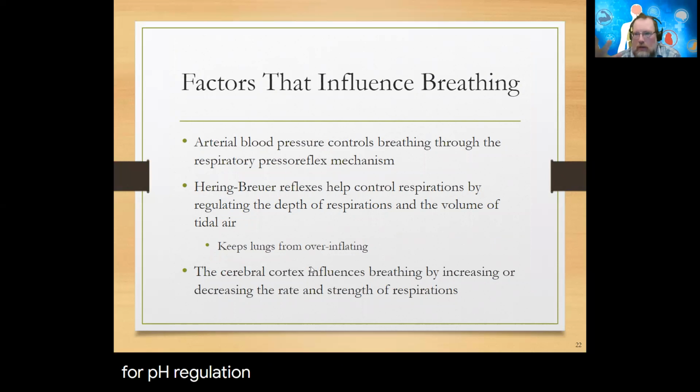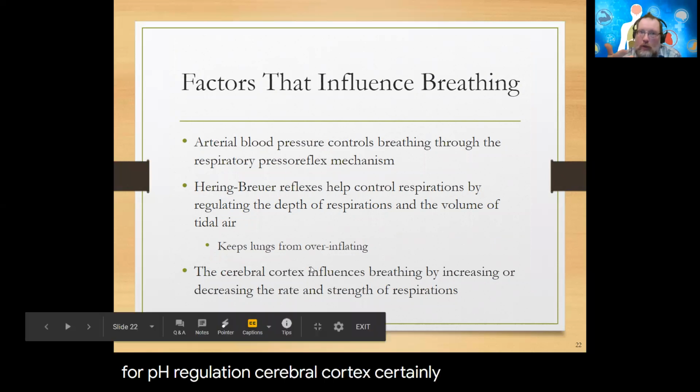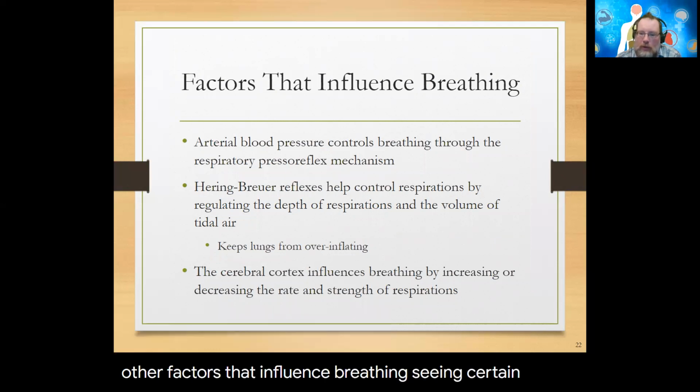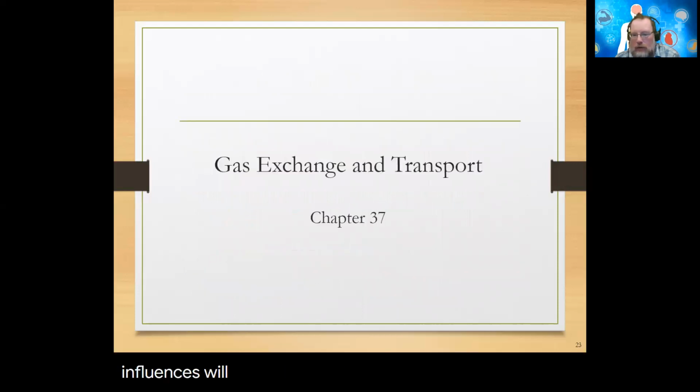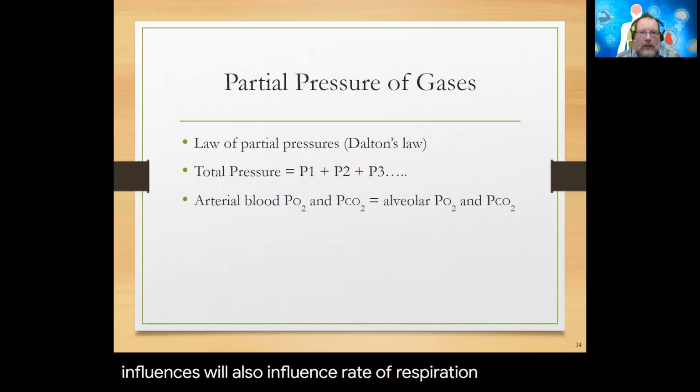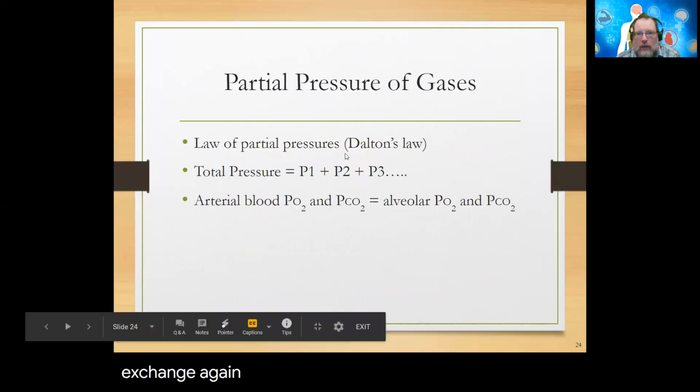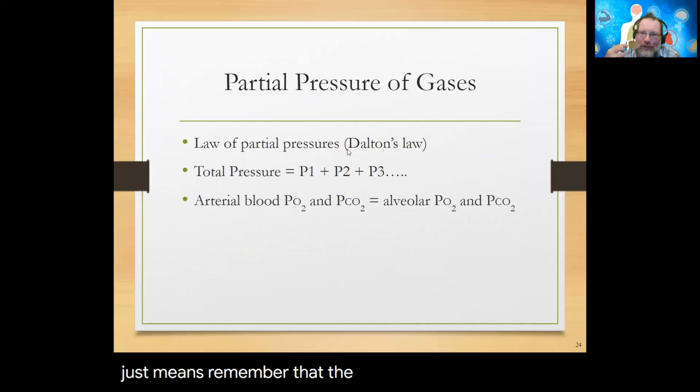Cerebral cortex, certainly, with visuals, other factors that influence breathing, seeing certain things, being exposed to certain environmental factors and influences will also influence rate of respiration. So gas exchange, again, laws of partial pressures, that simply just means, remember that the air has more than just oxygen in it.